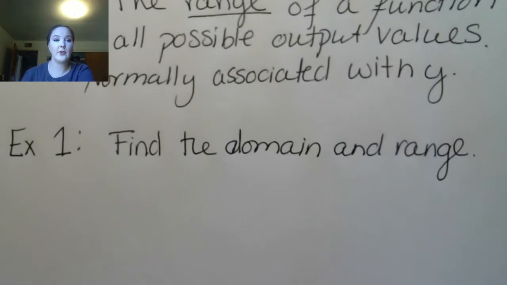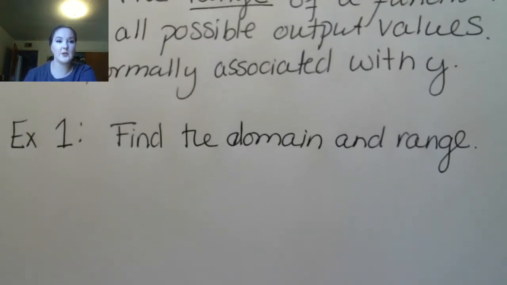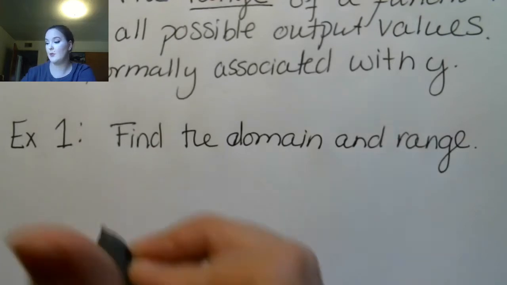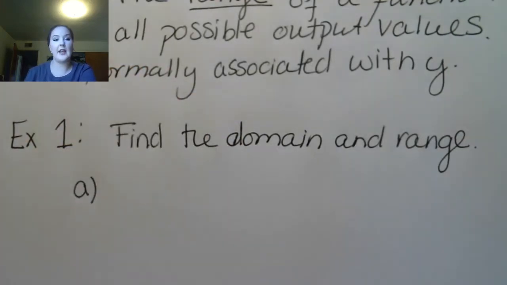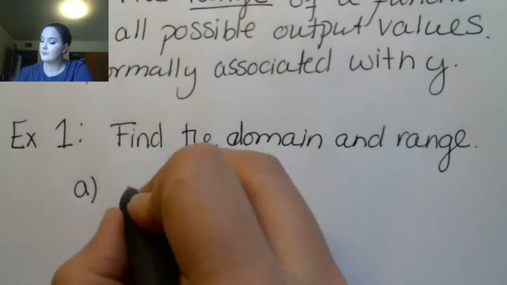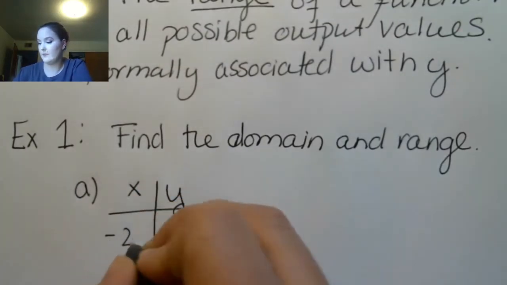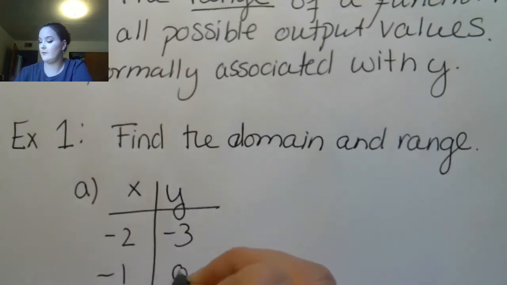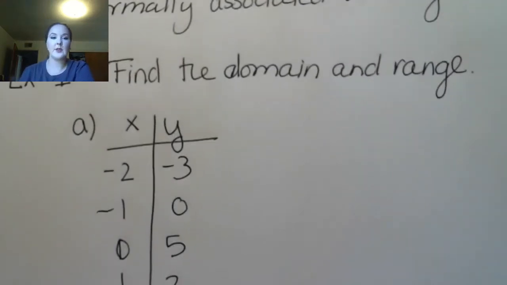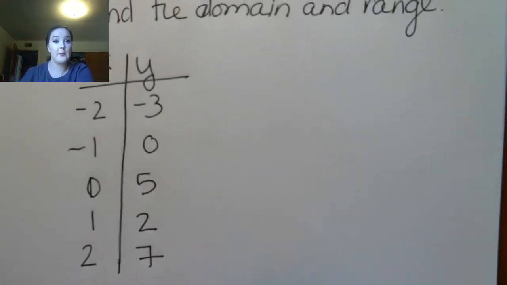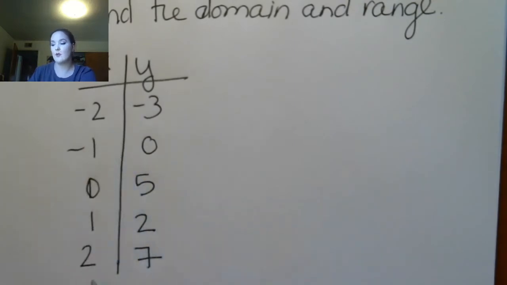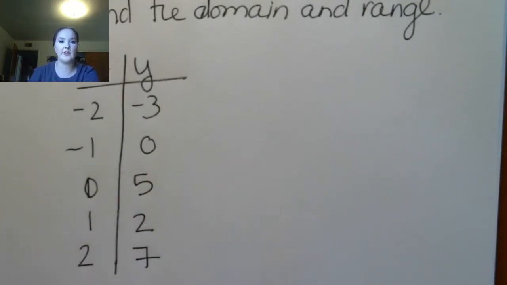Okay, so the first way that we talked about functions was using an x and y table. Okay, so if we look at the x and y table, this represents a function, and we can see that because each x value has exactly one corresponding y value.